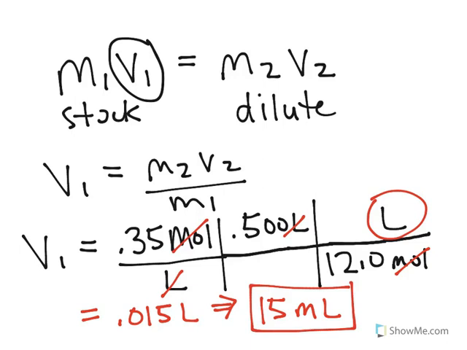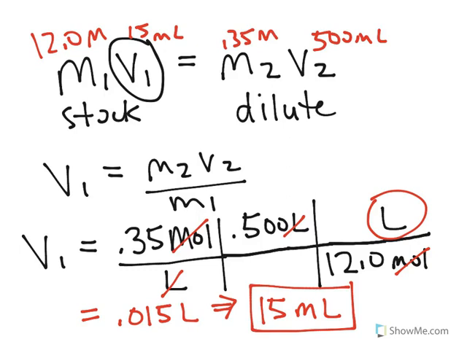And that would make sense. If we have a very concentrated stock solution, this is 12 molar, it would take a teeny tiny amount, that 15 milliliters, and then you're going to dilute it in enough water in order to make a final volume of 500 milliliters of that 0.35 molar concentration.